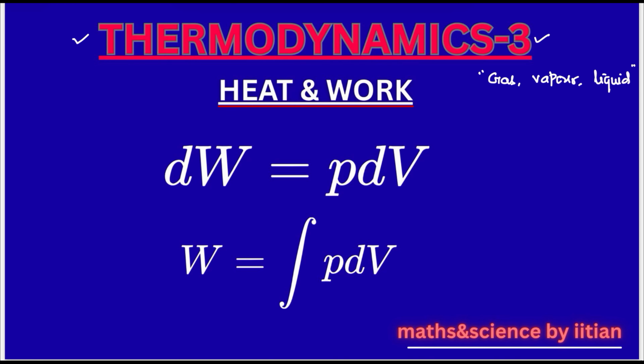And some work is done on the working fluid and there will be heat generated. That heat is converted into shaft work or mechanical energy, and that is called shaft work. From the turbine, electricity is generated.